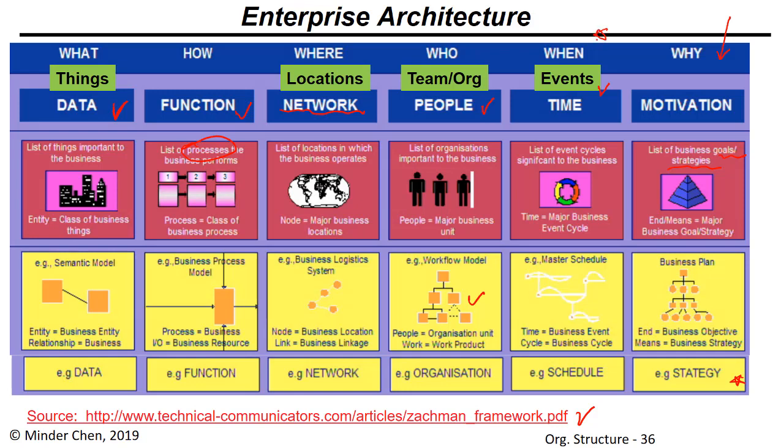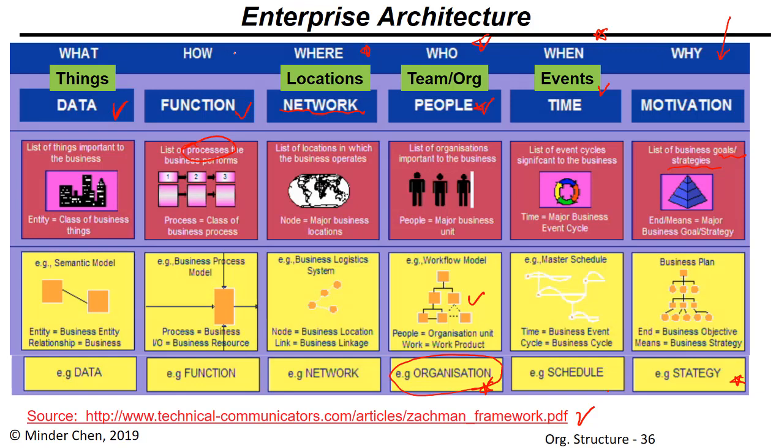And when to do what, that's your schedule. And the who dimension is about people and your organizational structure. So when we talk about an organizational chart, it's really just the who dimension. This enterprise architecture is much broader. And the network or location is where.